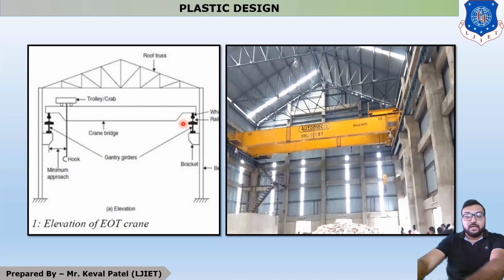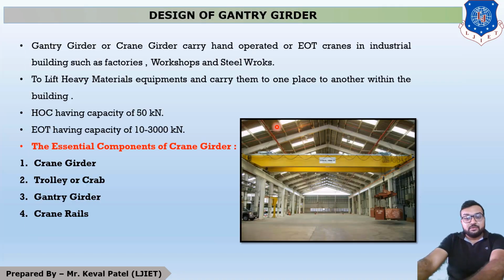Now this is your trolley or crab. This is your crane girder, also called the crane bridge. This is your column bracket. This vertical portion is your gantry girder. So this is the example of your design of gantry girder.